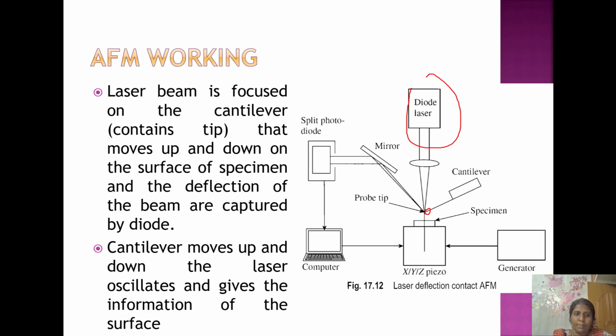This tip moves up and down on the surface of the specimen, and the deflection of the beam is captured in the diode. When the cantilever moves up and down, the laser oscillates, and this oscillation information is captured in the diode, and from that we can get the image for analysis.